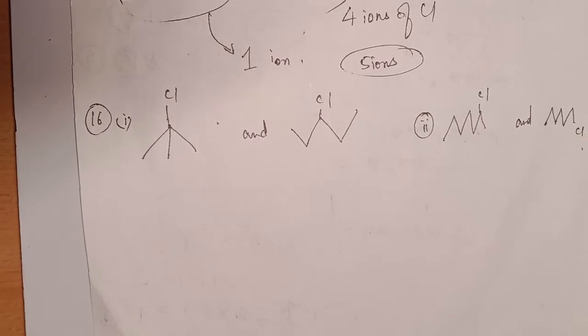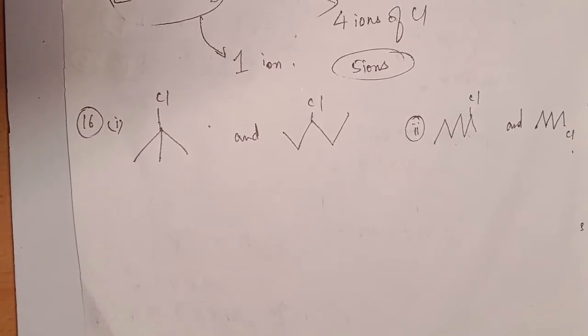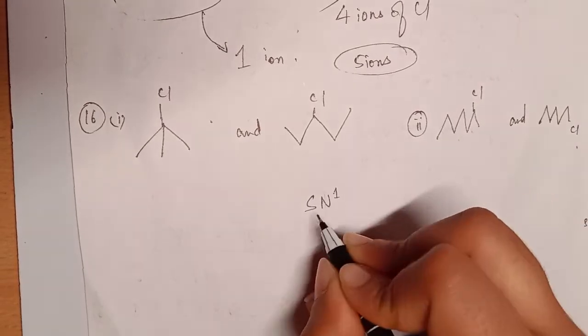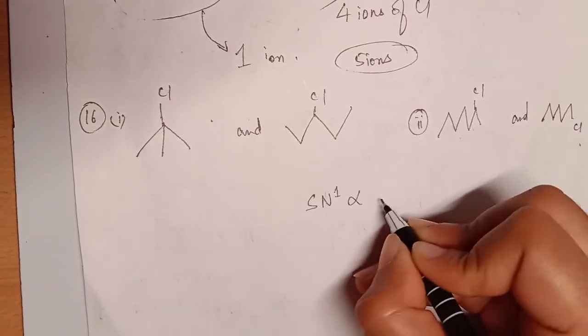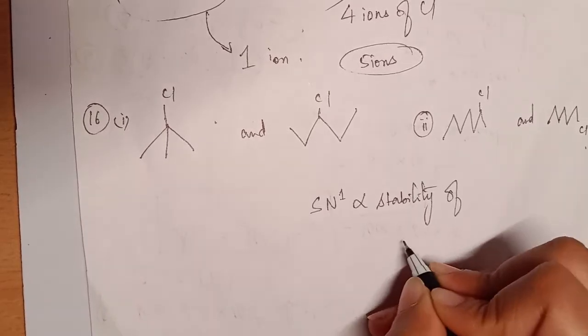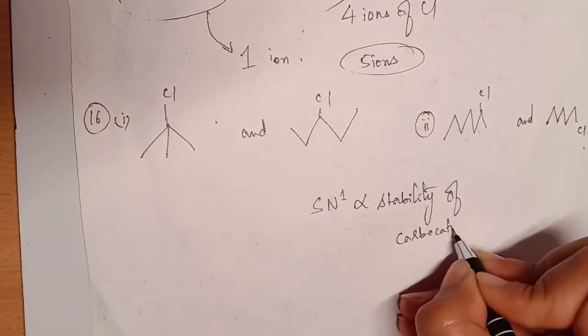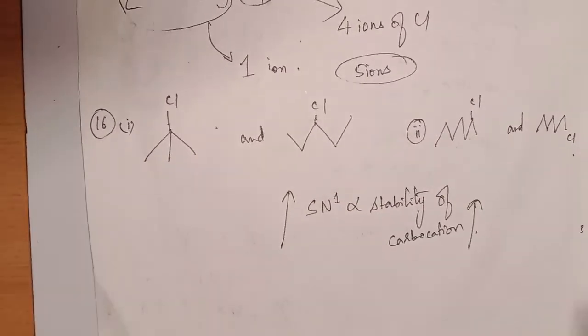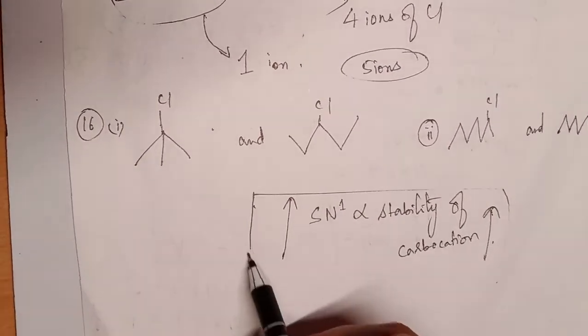In an SN1 reaction, you should know this relation, which says SN1 rate is directly proportional to the stability of the carbocation. The more the stability, the faster is the SN1 reaction.